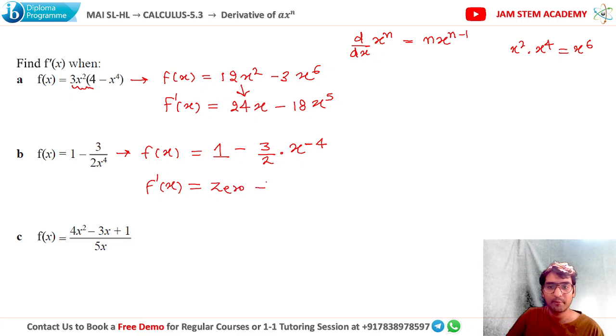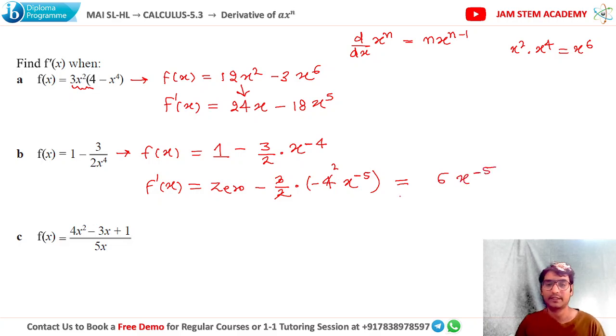So 0 minus 3 half as it is. Reduce one power of x, take it outside, so negative 4 times x to the negative 5. That's my answer, which is 12, or you can cut it by 2, so it will become 6. So it is 6 times x raised to the negative 5. The answer. Okay, so now let's move to the next problem.